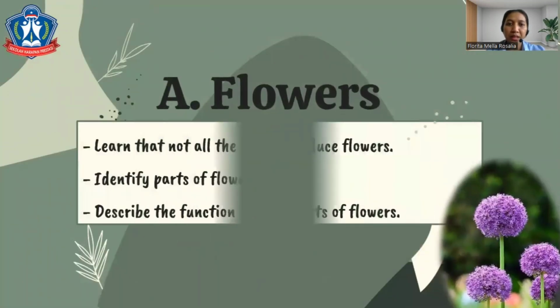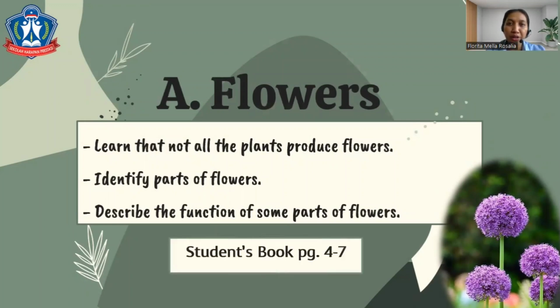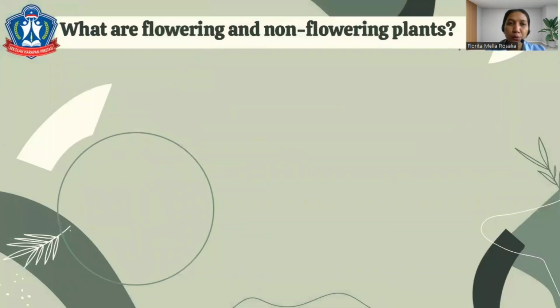Flowers. So you're going to learn that not all plants produce flowers, and then identify parts of flowers and describe the function of some parts of flowers. You can open the student's book page 4 until 7. So what are flowering and non-flowering plants? I have some examples.